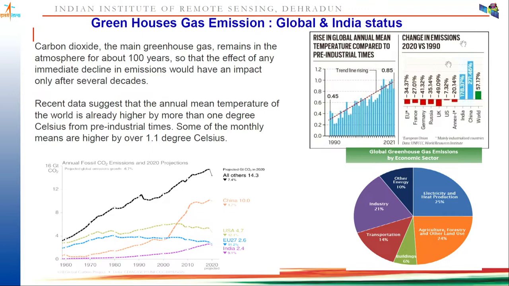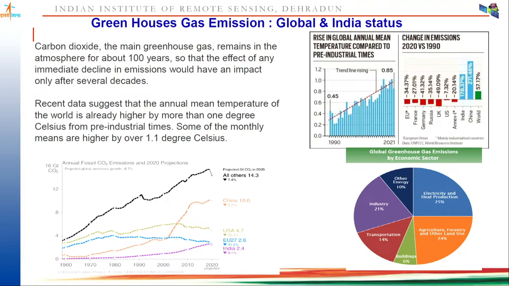You can see from here that temperature is constantly rising. But when we look at greenhouse gas emission country-wise, the per capita emission from India is much lesser compared to other developed countries like China, USA, Russia, Europe, and so on.